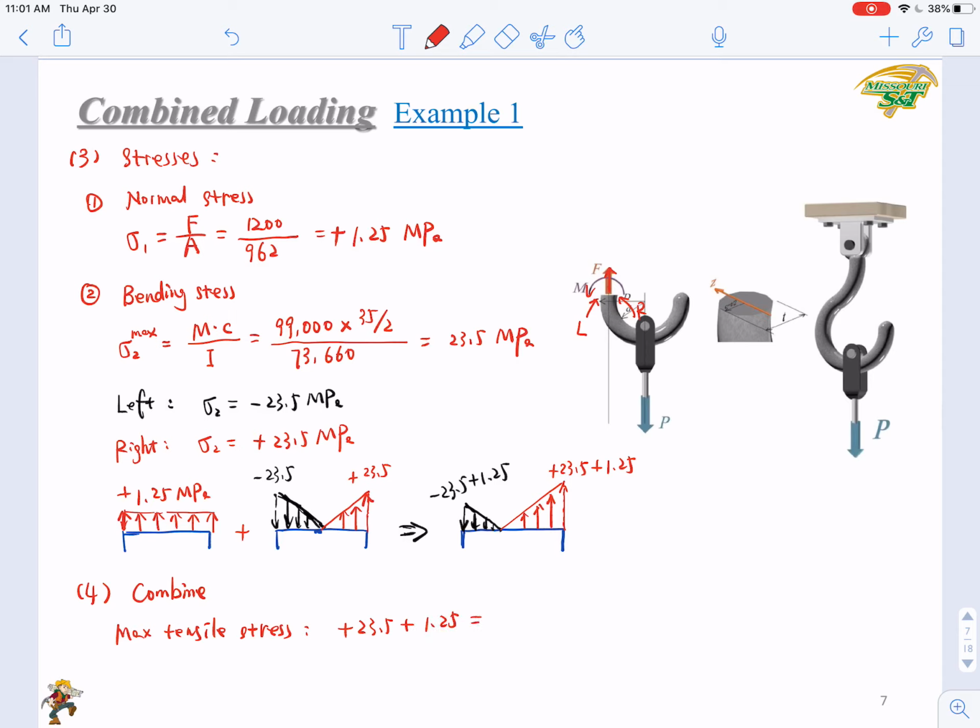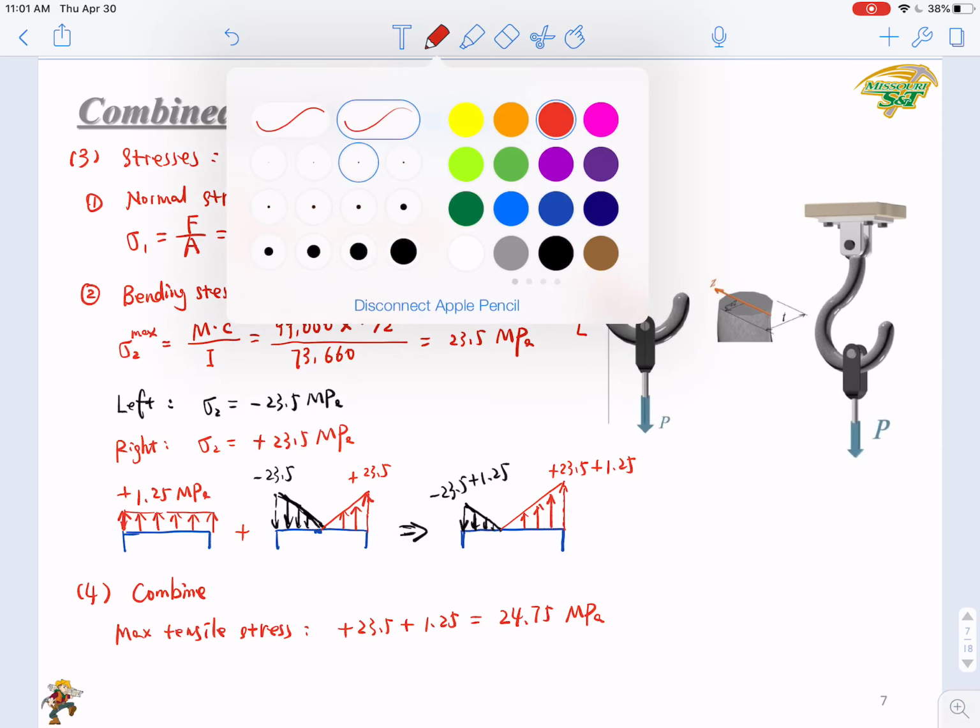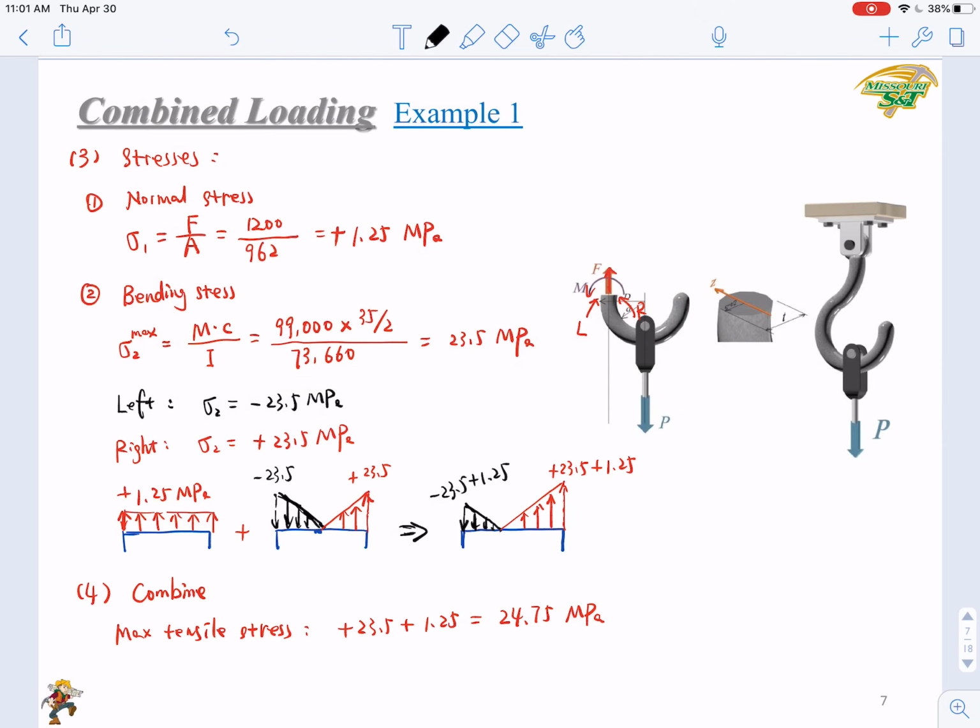Then the maximum tensile stress will be, as we analyzed above, positive 23.5 plus 1.25. That will be 24.75 MPa. And the maximum compressive stress will be negative 23.5 plus 1.25.